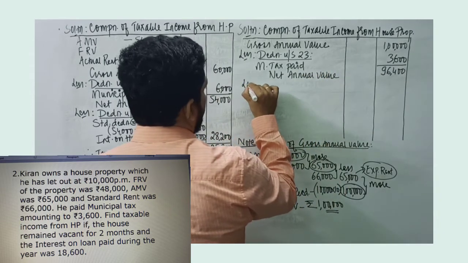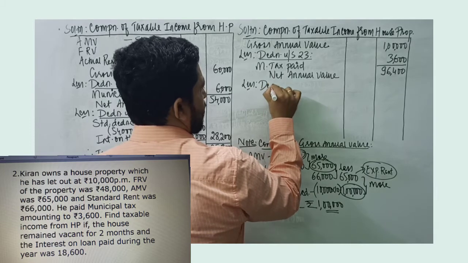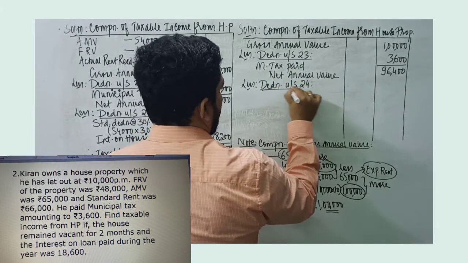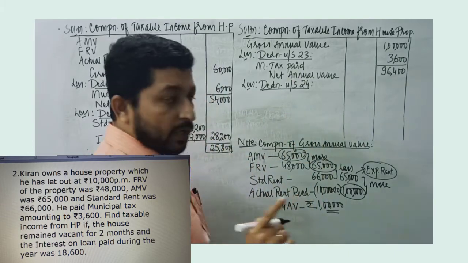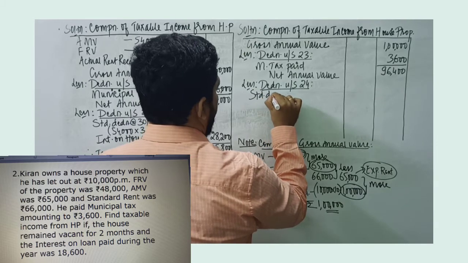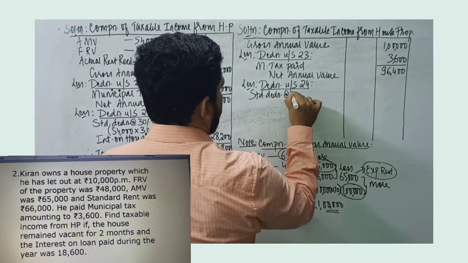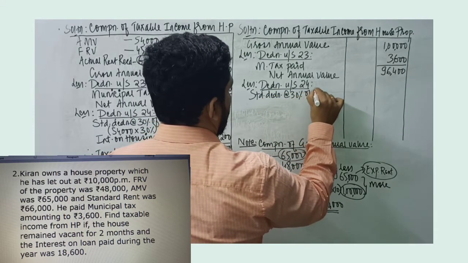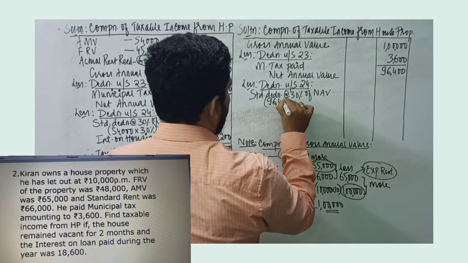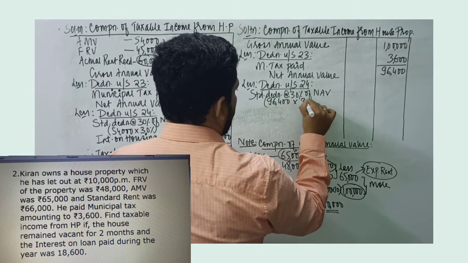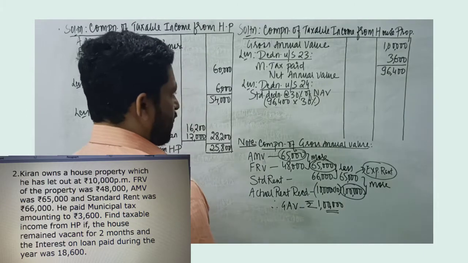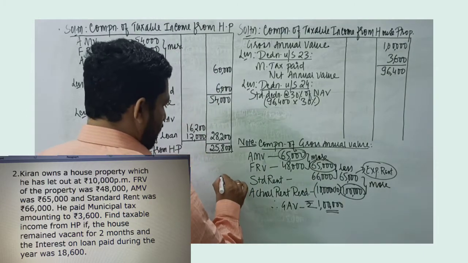From the net annual value, we have deductions under section 24. We have 2 deductions provided. The first deduction is standard deduction at 30% of NAV. So you take 96,400 into 30%.